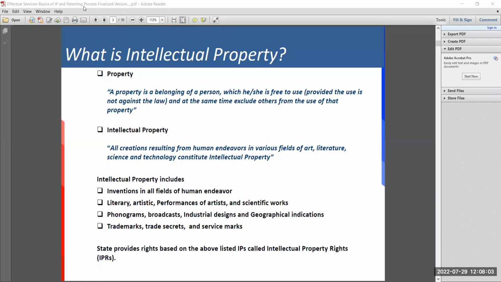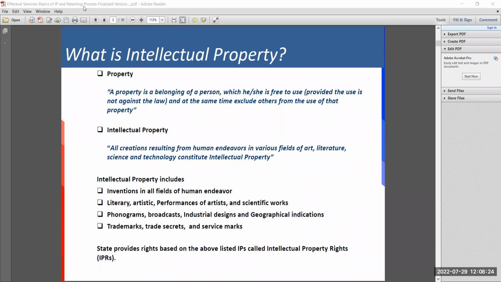And as ma'am said in the beginning, ideas can be copied, can be used by someone else, can be taken by someone else. So in order to protect that, we come into the picture where we can assist you, what improvement you can do, how you can do that, and how we can protect it.